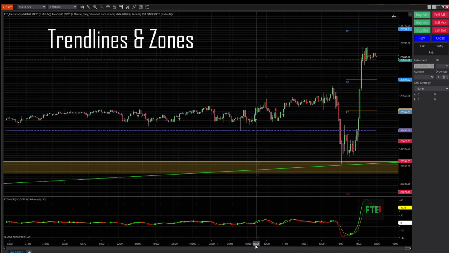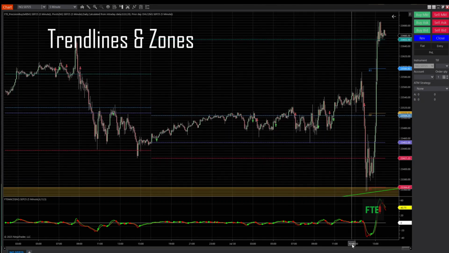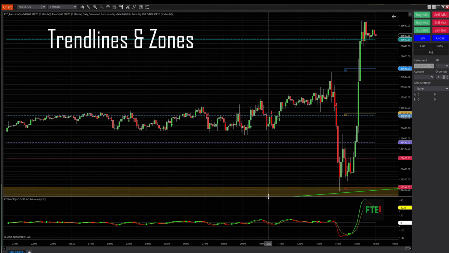And looking at what happened here at the end of the day with this push, you know, this is this little area of consolidation right here. This is where it dropped hard, bounced up, and put in this little bear flag before it ripped to the upside.